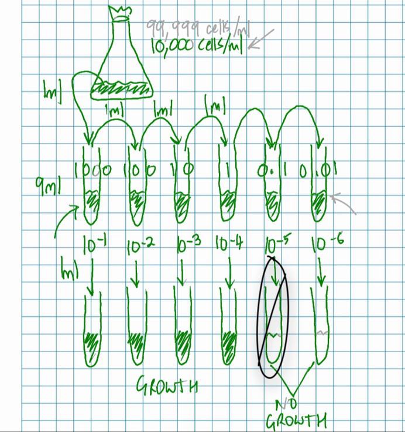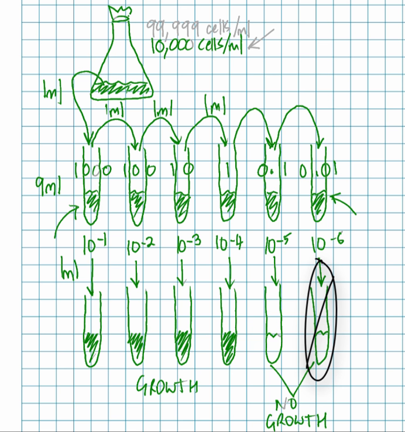We need at least one cell to initiate growth, because one cell becomes 2, 4, 8, 16, like we've talked about before. And so there'll be no growth in there. And if we go to the sixth tube, the situation's even worse, because there's only 0.01 cells per ml. So if we take a ml of that, on average we only have 0.01 cells. And so again, in our inoculated tube on the bottom, we'd have no growth.